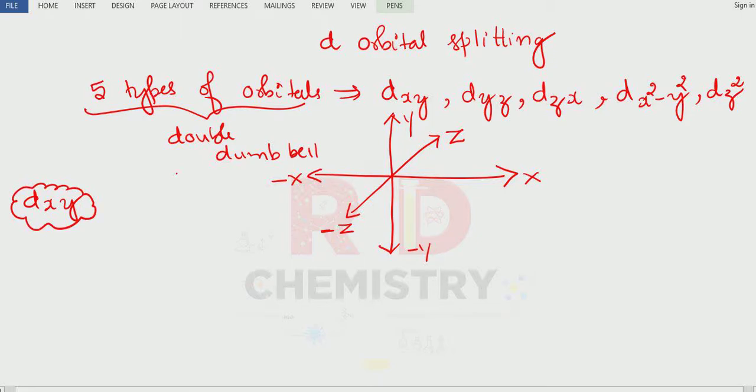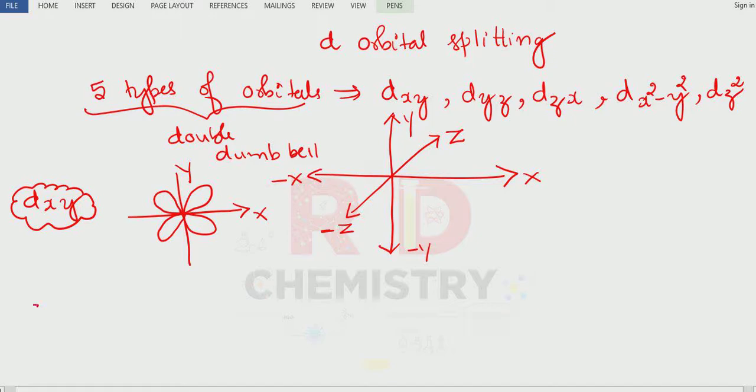I want xy plane only. Let it be x, let it be y, perpendicular to this one, z is not there. Now double dumbbell. Here, dumbbells are there in between the axis. First dumbbell and the second dumbbell in between the axis, on this xy plane.